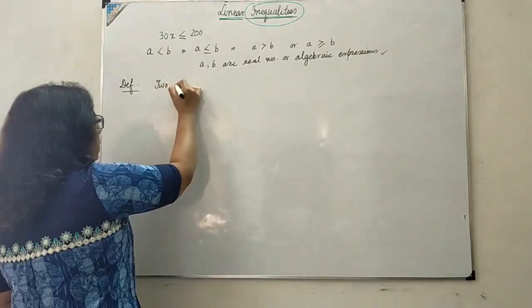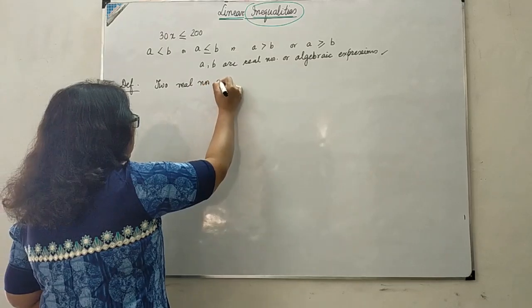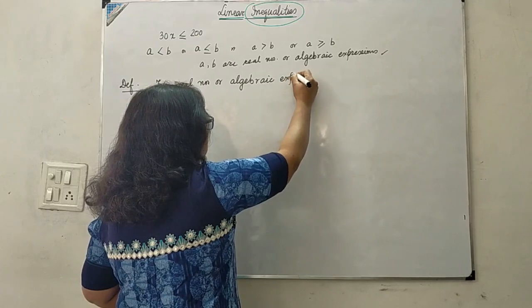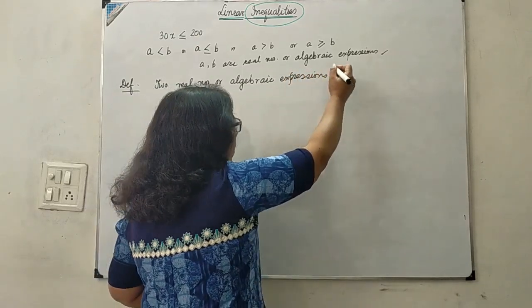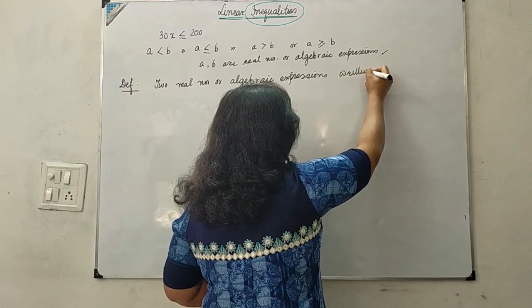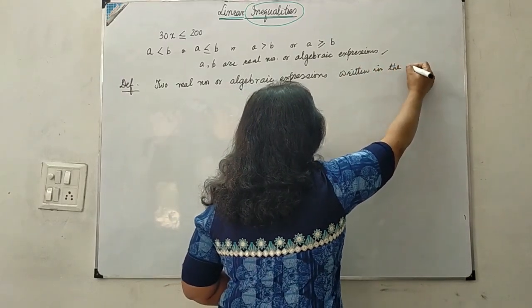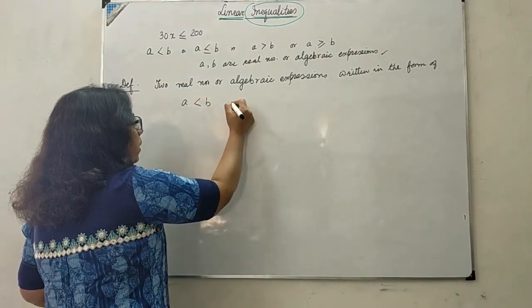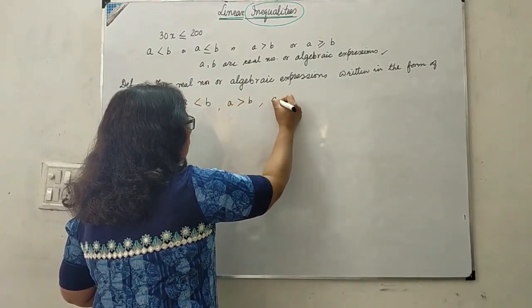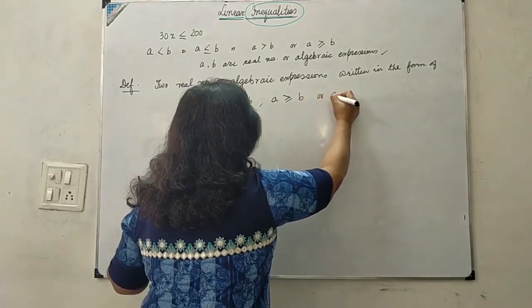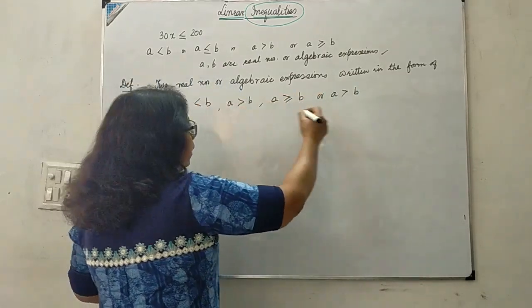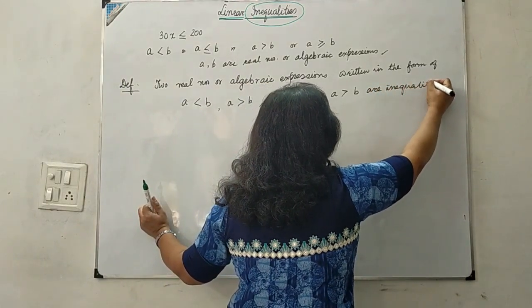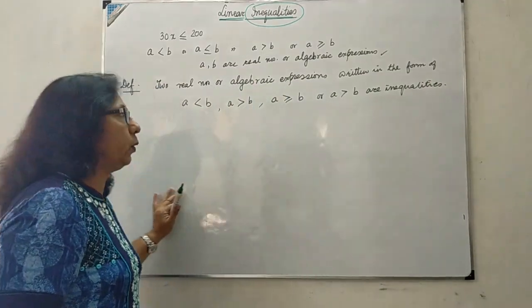Two real numbers or algebraic expressions written in the form a less than b, a greater than b, a less than or equal to b, or a greater than or equal to b are inequalities. This is the basic definition of the inequality.